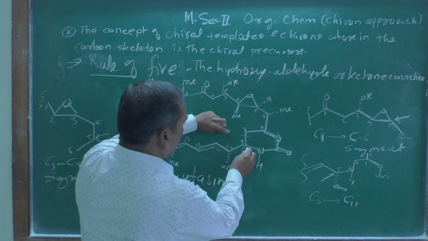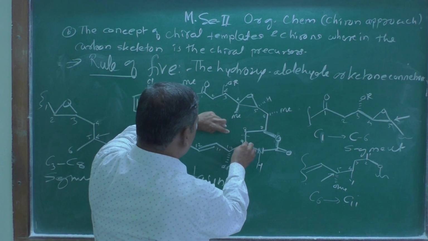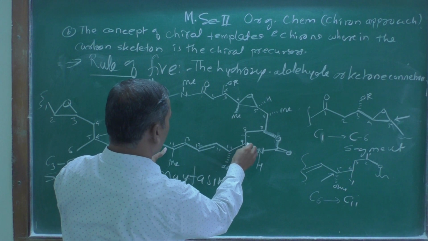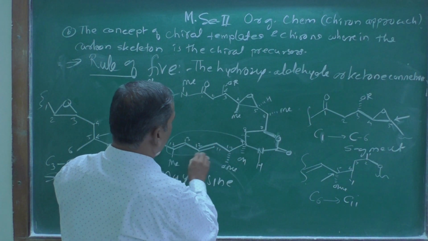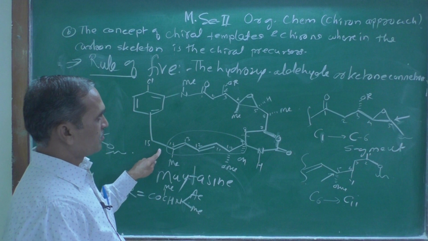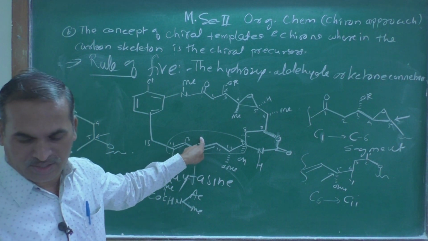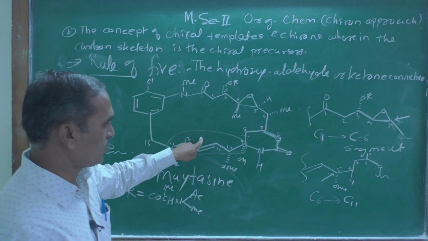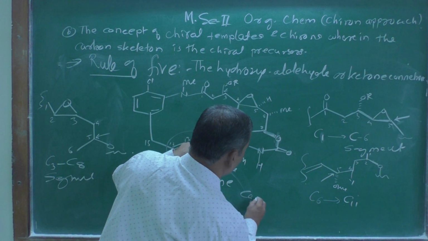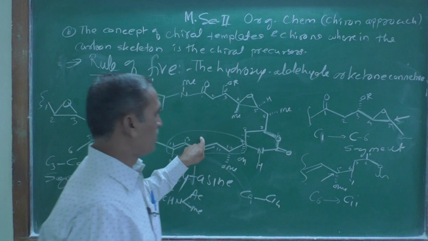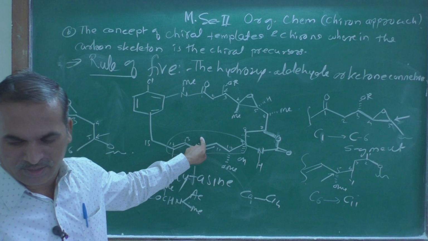Look at here carefully, C9 to C14, and this is one of the skeleton or the segment. We can see this is another segment, C9 to C14, similar segments are there.